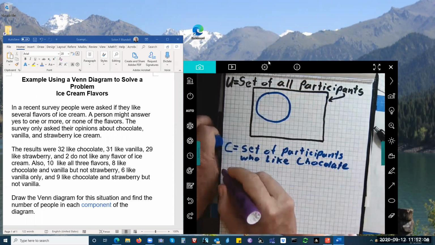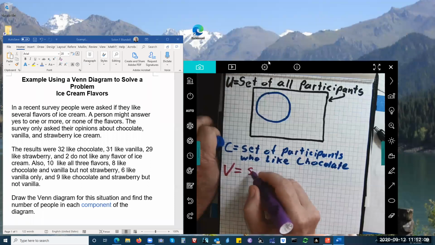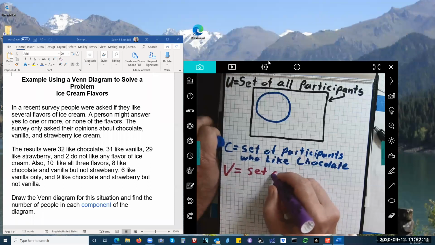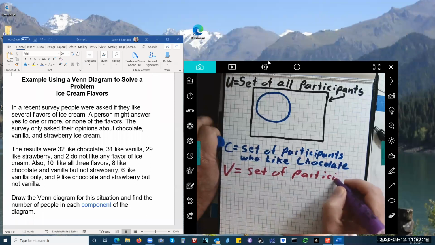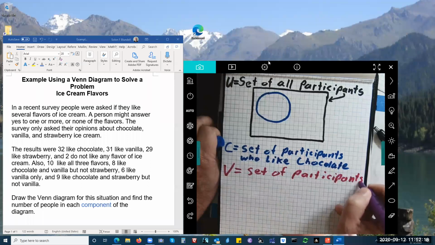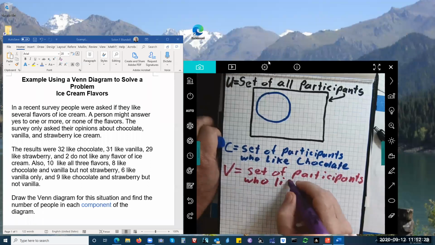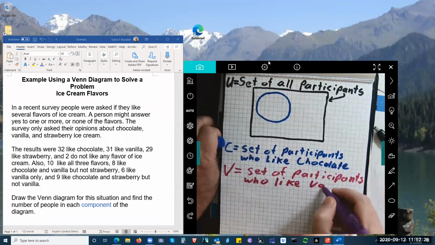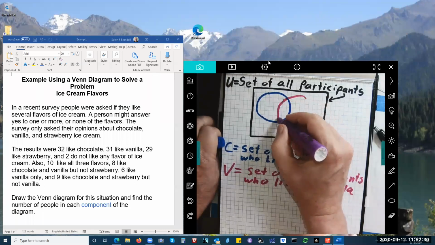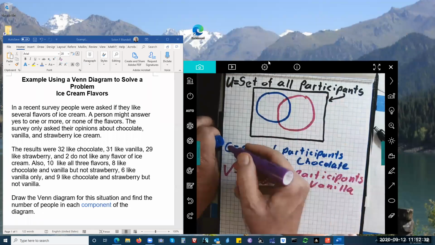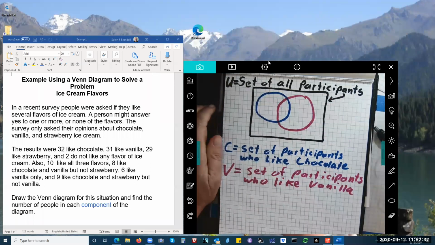And then we'll have the people who like vanilla. And then we'll have the ones who like strawberry.